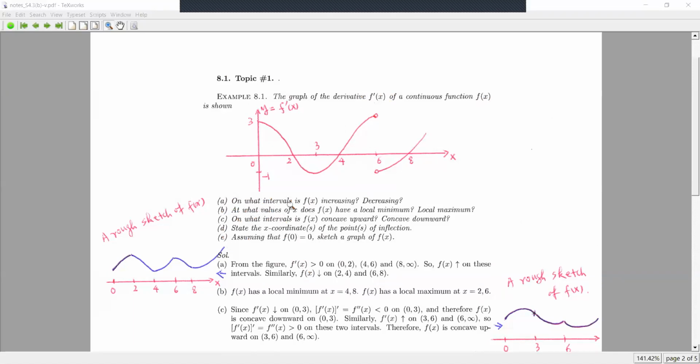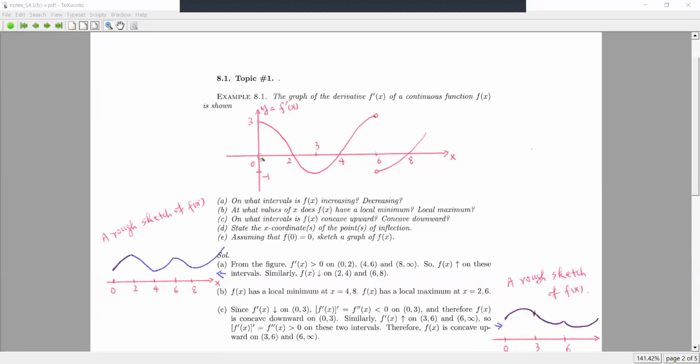On what intervals is the function f increasing, decreasing? By the increasing, decreasing test, when the derivative is positive, the graph of f is increasing. When the derivative is negative, the graph of f is decreasing. This is the graph of the derivative.